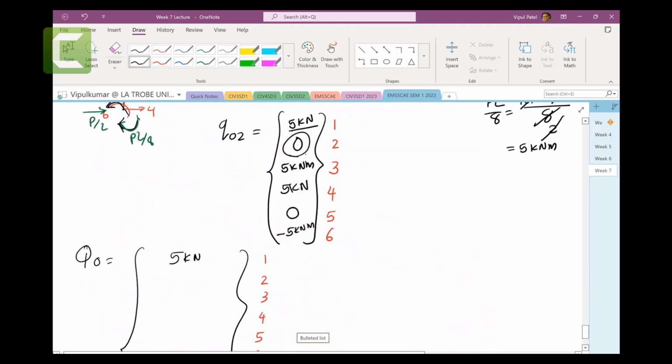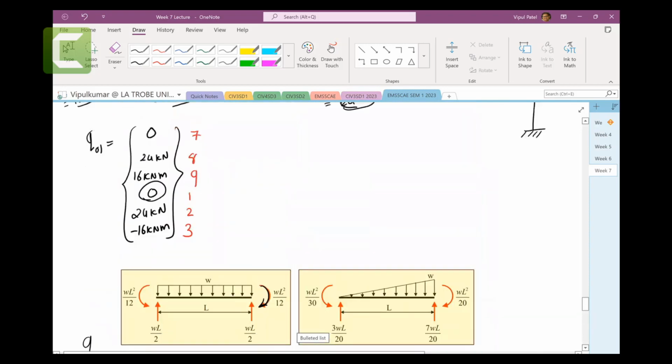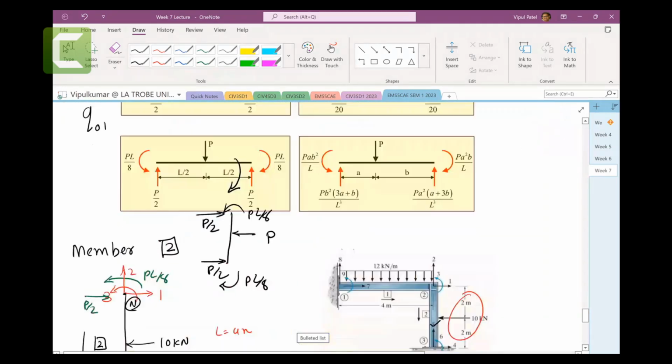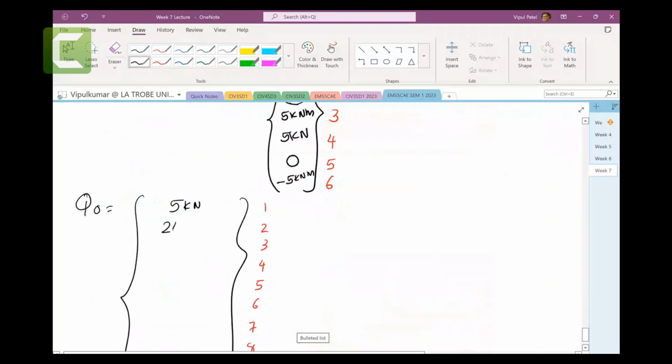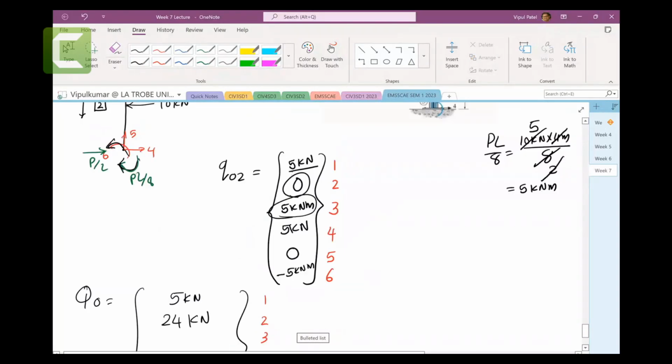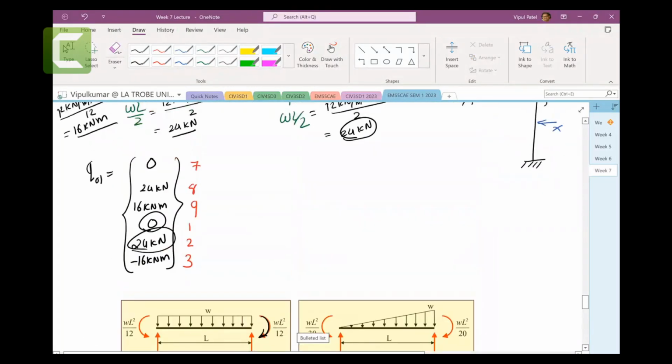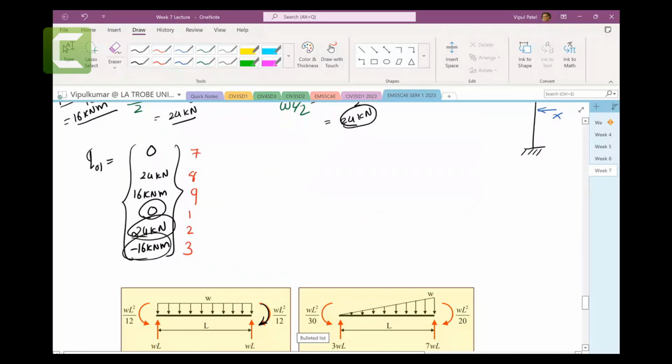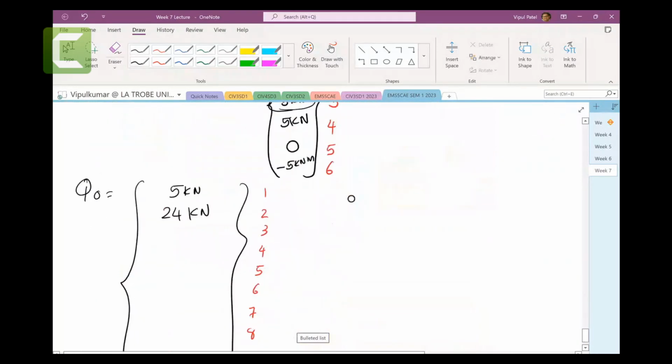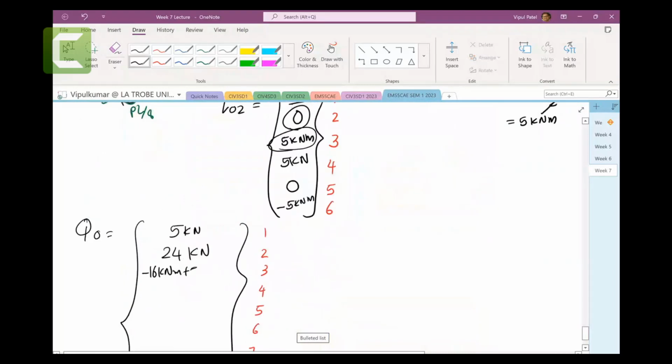Number 2, we have 0 plus 24, which is 24 kilonewtons. Then number 3, we have 5 kilonewton meters and minus 16, so minus 16 plus 5 gives me minus 11 kilonewton meters for number 3.